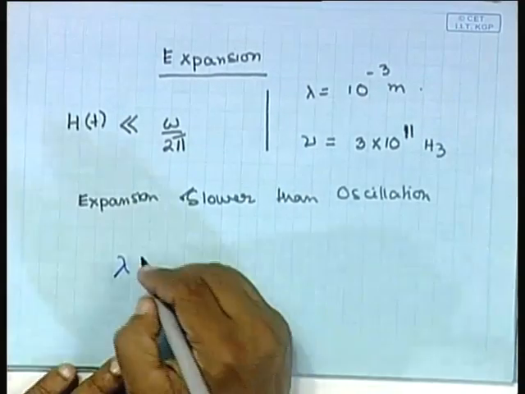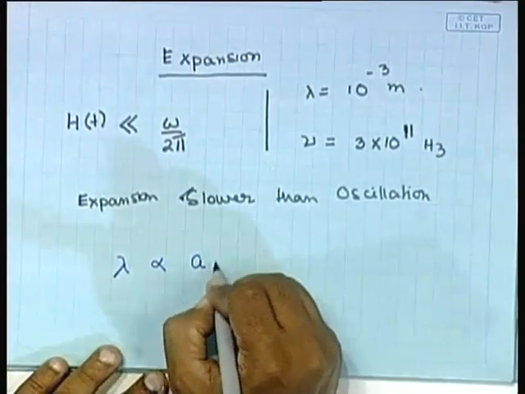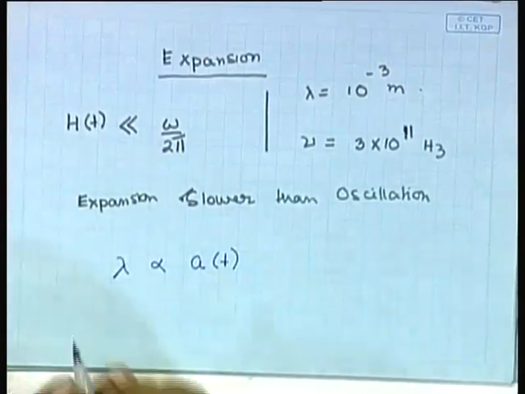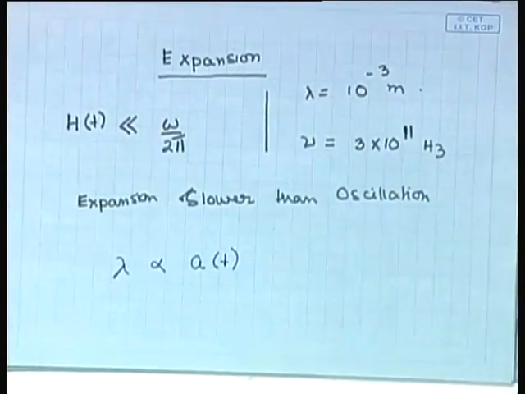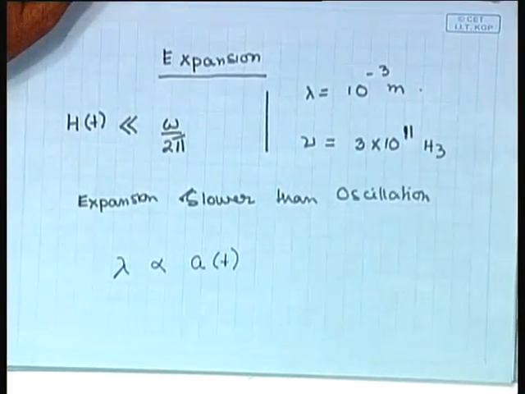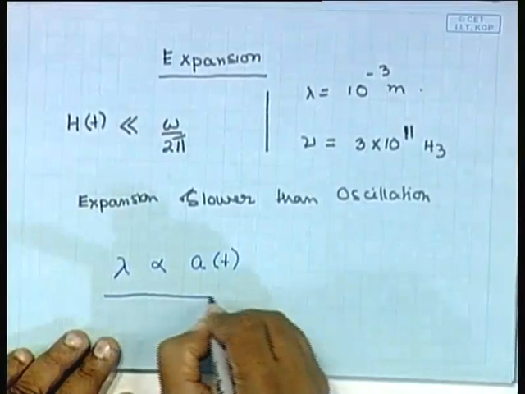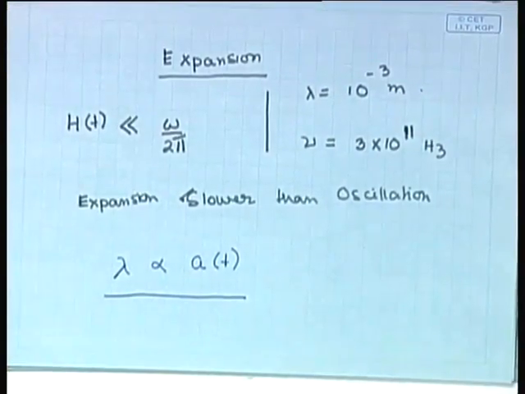Okay. And we know that the wavelength scales proportional to the scale factor. As the universe expands, the wavelength also goes up proportionately. This we have already worked out. So, as the universe expands, the whole wave just scales. The same mode, the wavelength just increases. Okay, nothing happens to the number of particles or things like that. So, this is what we are going to assume. This is true provided the expansion is much slower than the oscillation.